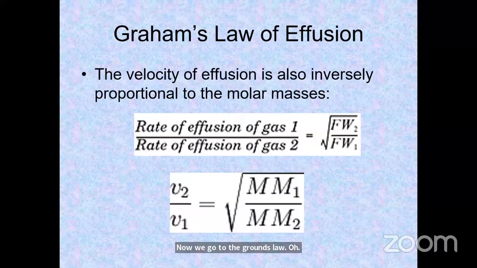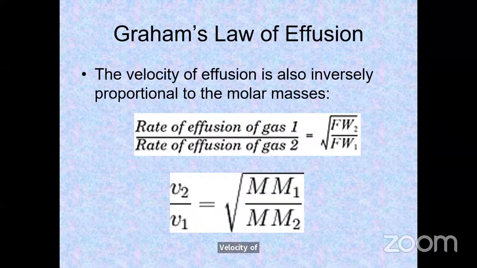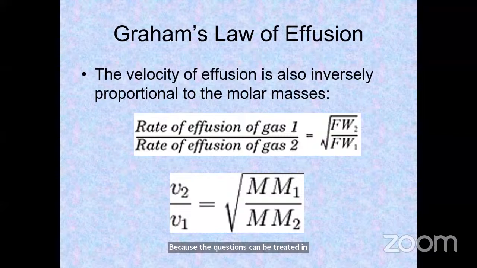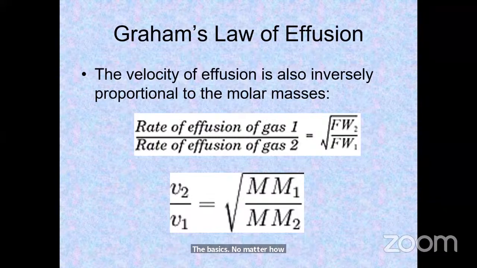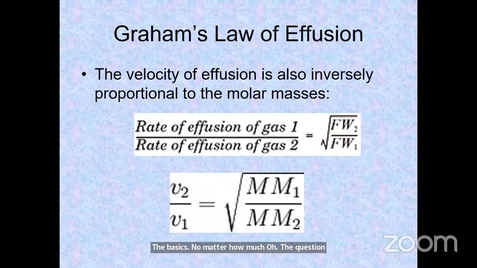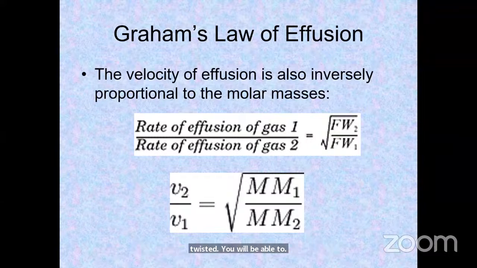The velocity of effusion is also inversely proportional to the molar mass, because the questions can be tricked in different ways. Once you understand the basics, no matter how much the question is being twisted, you will be able to solve or maneuver your way around it.